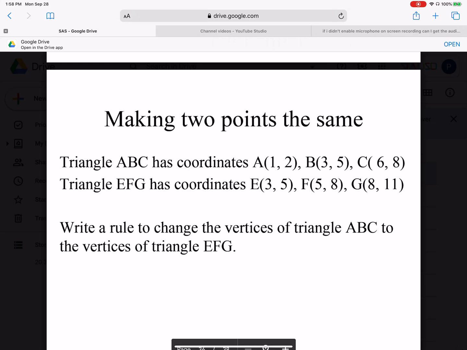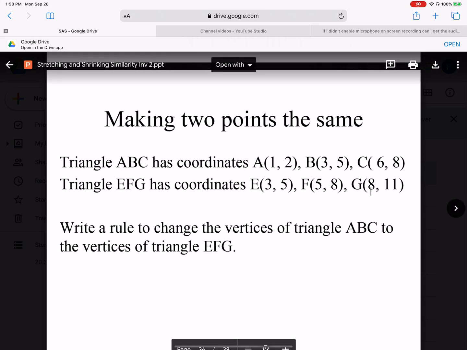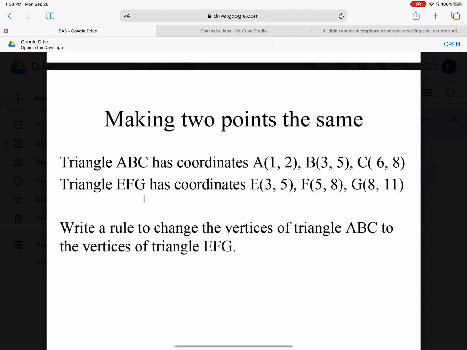So that means we have to figure out how we went from A to E, from B to F, and from C to G. Now, if you are told that it's a triangle or a quadrilateral or whatever, the order of the letters matters, because that's telling me that A corresponds to E, B corresponds to F, C corresponds to G. Okay, that means that they're related to each other.